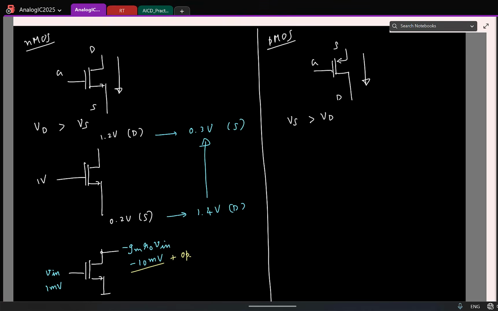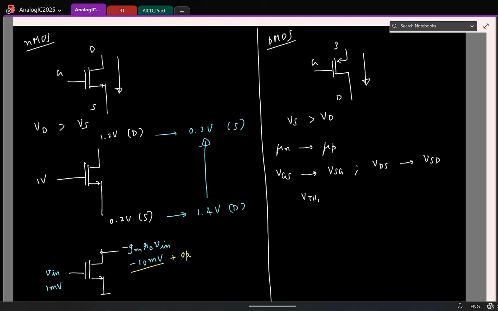And all the current equations we saw will remain the same. Just that where we had mu n, you replace it with mu p for holes. Wherever we had VGS for NMOS, you replace it with VSG. Wherever we had VDS, you replace it with VSD.